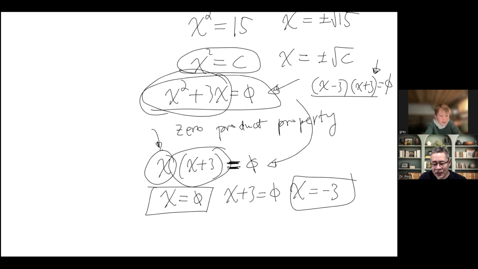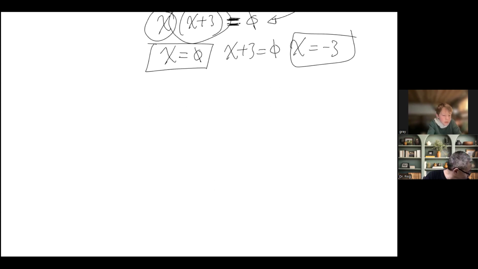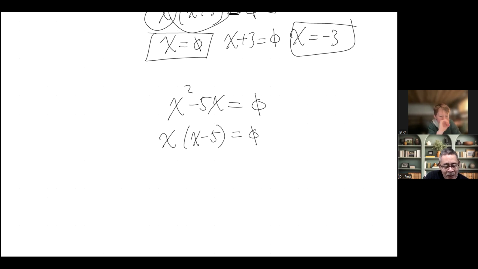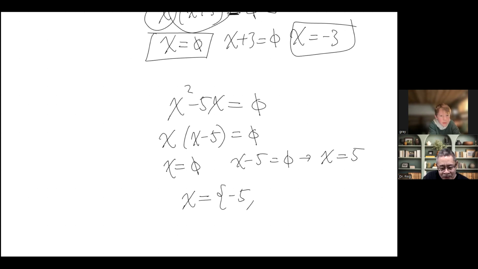Okay, let's see another kind of problem. Now we're going to see x squared minus 5x equal to 0. We do the same trick: we move x out, then we get x times (x minus 5) equal to 0. Then, of course, either x equals 0 or x minus 5 equals 0, and that gives us x equal to 5. The way we write it, we write x equal to, using this thing, 0, 5, in braces.